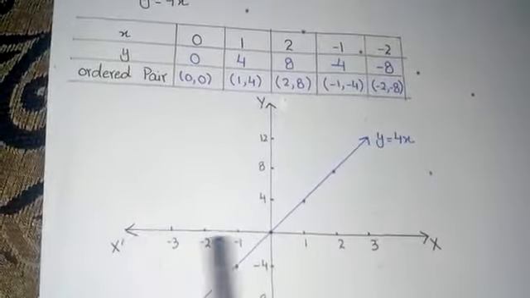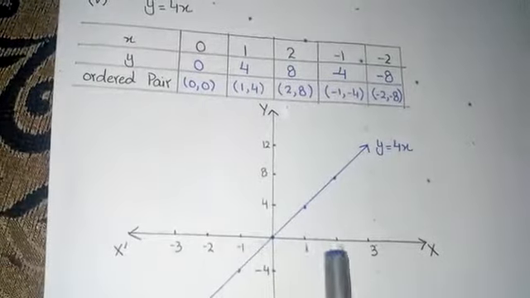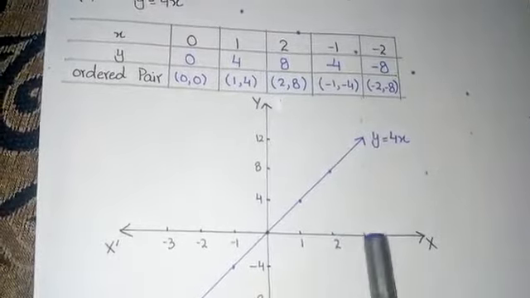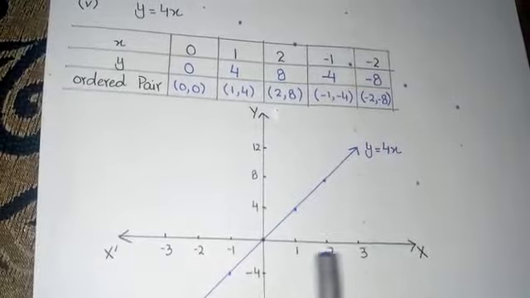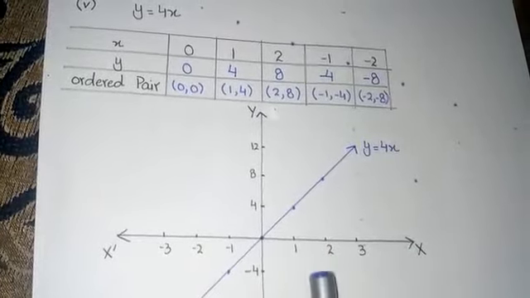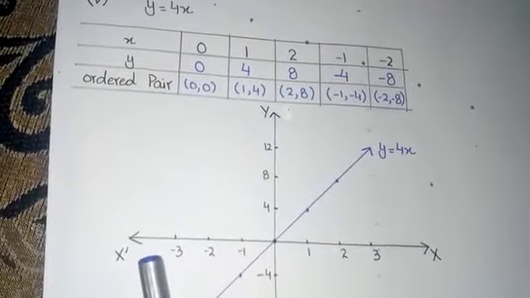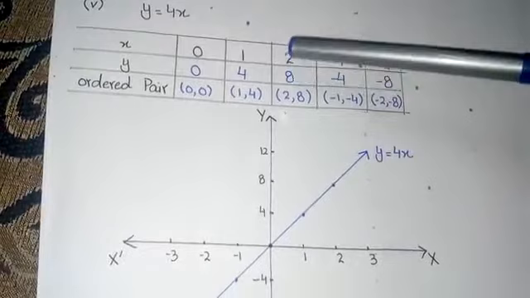On the x-axis I have taken equal distances between all the points. I have used the centimeter side. So 1 centimeter, 1 centimeter, 1 centimeter. Similarly, I have taken all the digits at the same distance and marked them as 1, 2, 3, minus 1, minus 2 and minus 3. But on the y, we have the highest value as 8.